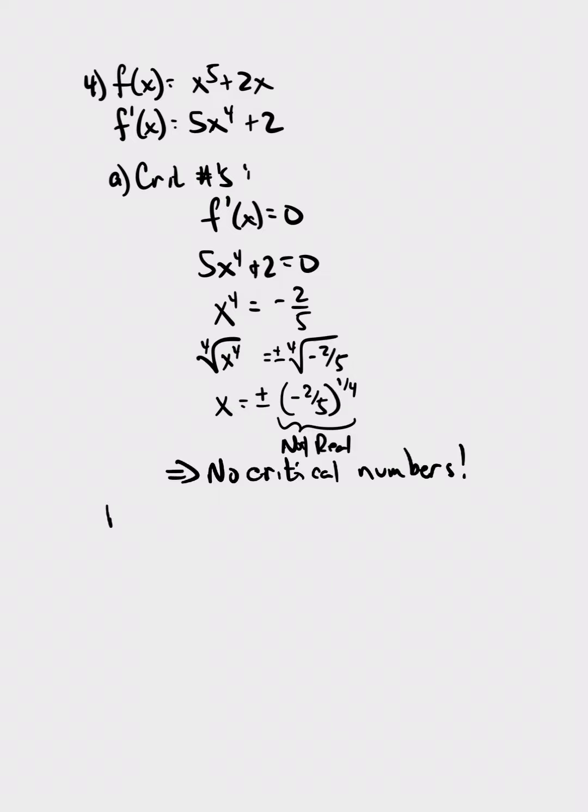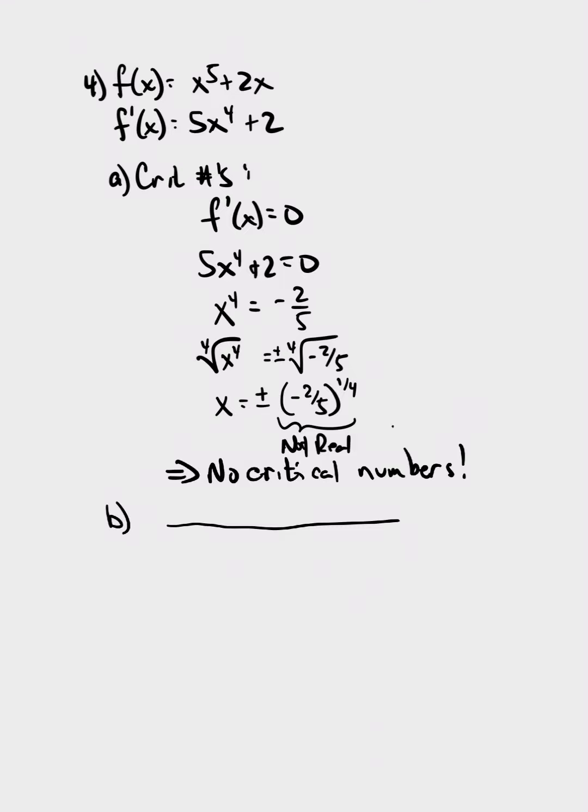So part B starts looking really tough because we're used to making a chart and going to the critical numbers and making numbers around them. But there's no critical number here. So what does that mean? That just means that this function never changes behavior.